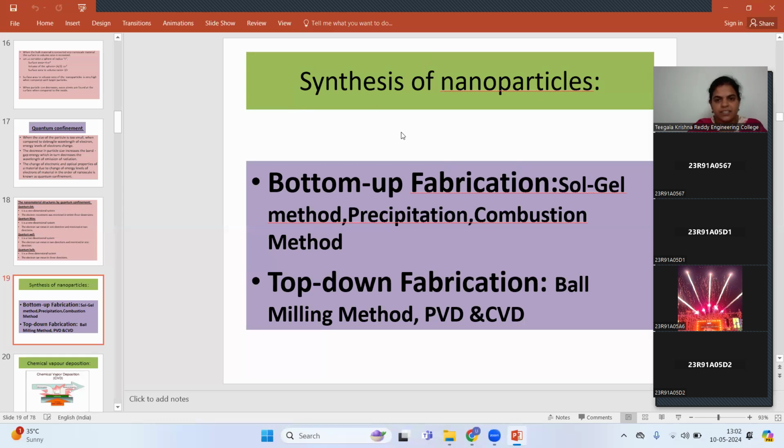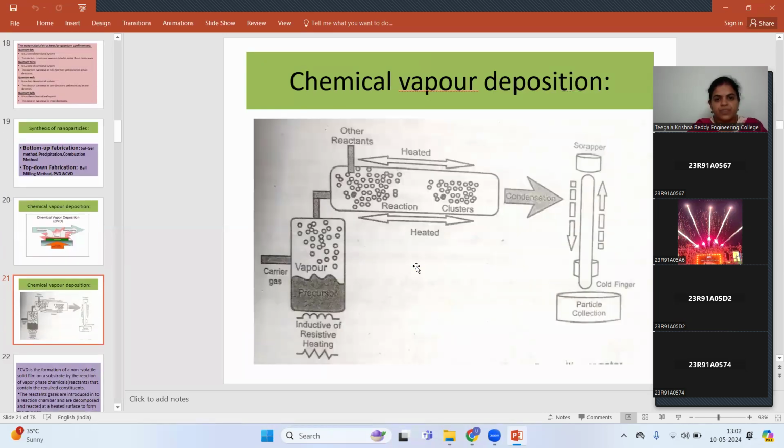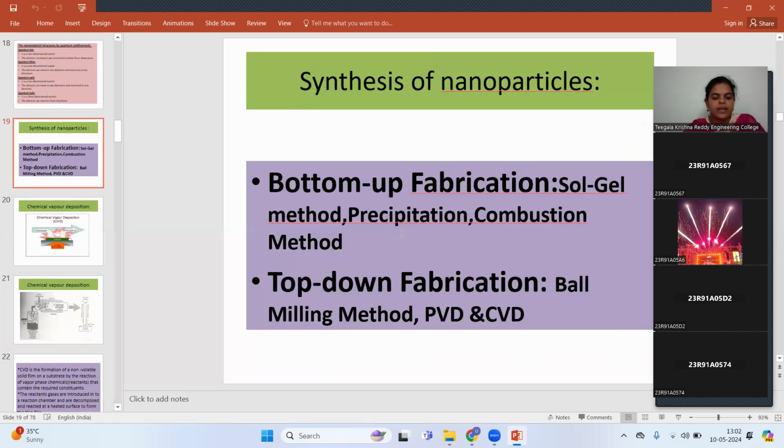What is bottom-up fabrication? In this method, the nanomaterials are synthesized by arranging atoms or molecules together to form the nanomaterials.